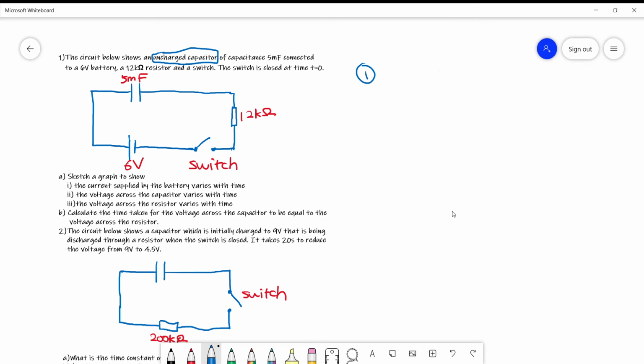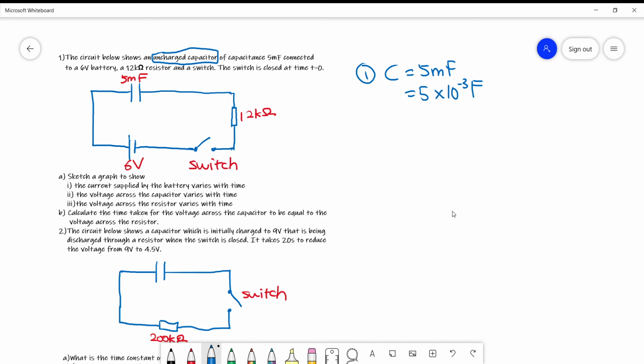It means that when the switch is closed, the capacitor is ready to be charged. This is an uncharged capacitor of capacitance C, which is 5 millifarad, or 5 times 10 to the power negative 3 farad, connected to a 6-volt battery.